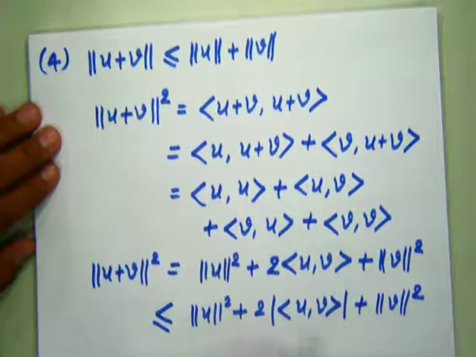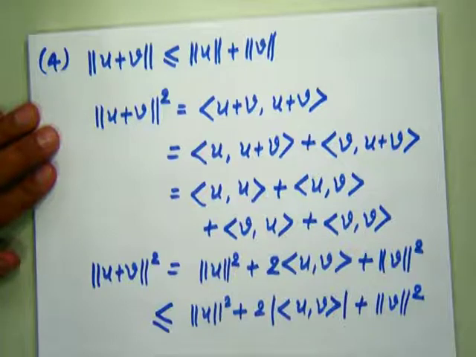Now using the Cauchy-Schwarz inequality. Cauchy-Schwarz inequality is modulus of inner product of uv is less than or equal to norm of u into norm of v.